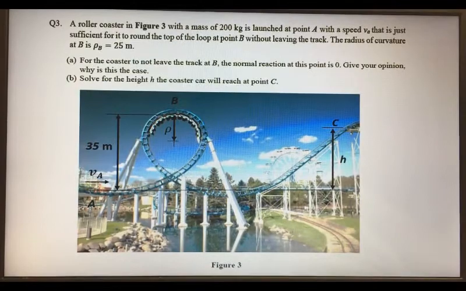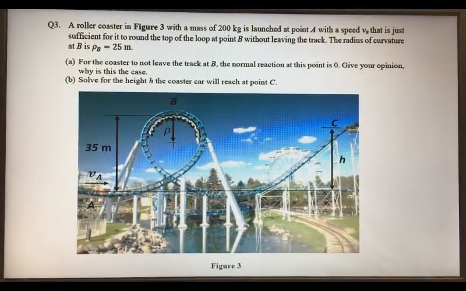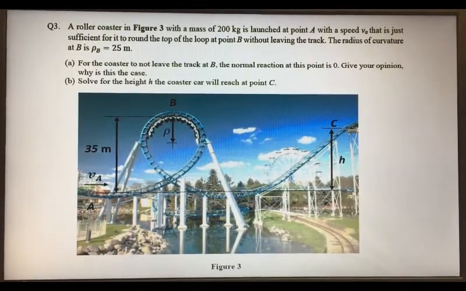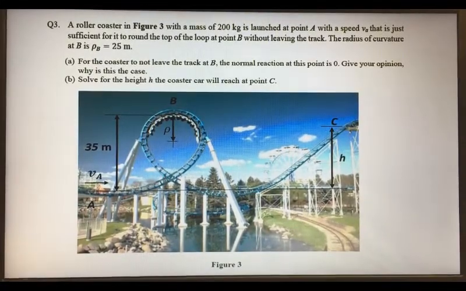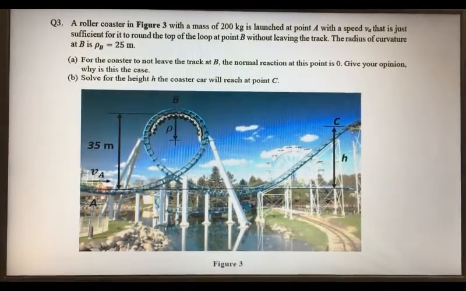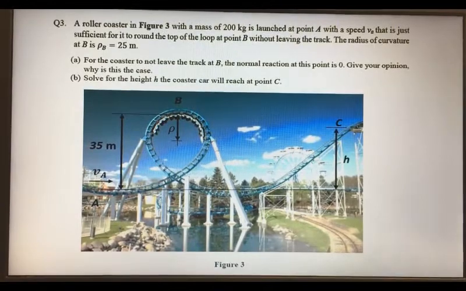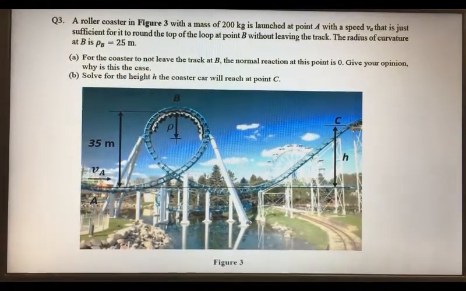Hi, I'm Sook and now I'm going to explain part B. Solve for the height h the coaster car will reach at point C. To determine the height the roller coaster car will reach at point C, we will first draw the free body diagram and the kinematic diagram.